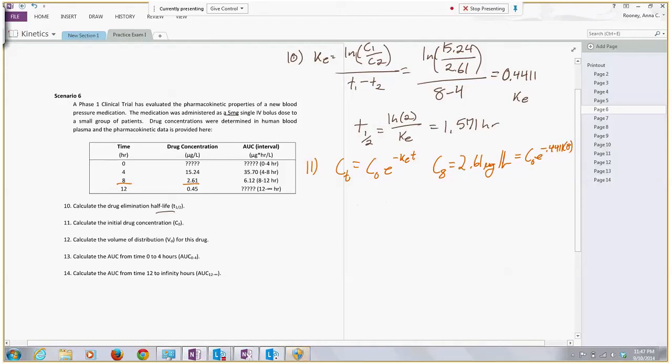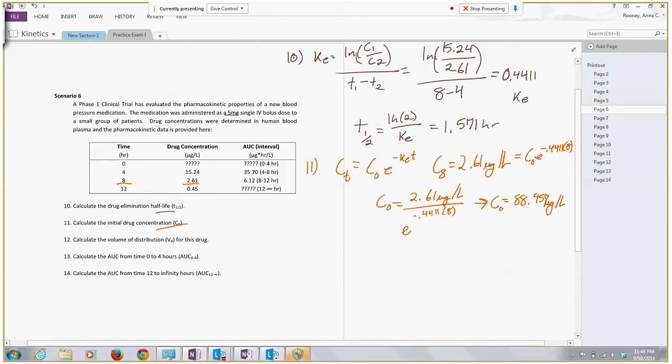This is the same as writing it as 2.61 micrograms per liter over e to the negative 0.4411 times 8. When you plug that into your calculator, you should find that C0 is equal to 88.957 micrograms per liter. Alright, so that's for initial drug concentration.